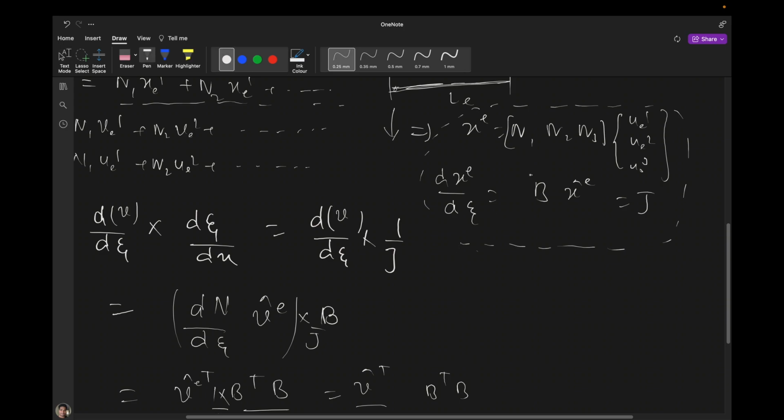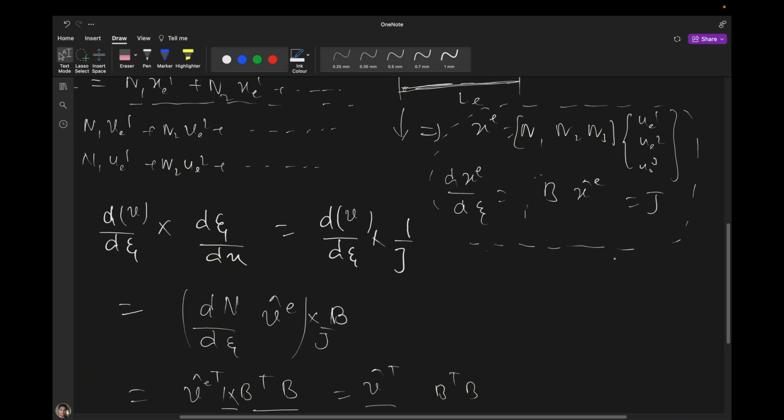This is the column matrix, this is the row matrix, and this is the vector. When you take the transpose and multiply these two matrices, it will result in a scalar. That is a Jacobian. I get it, I'm not saying that this is wrong. I'm just saying that you have represented the X as U.